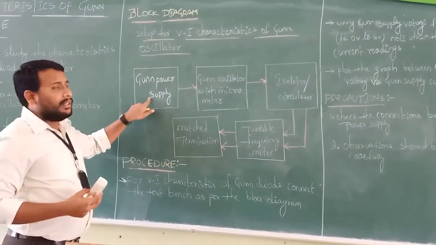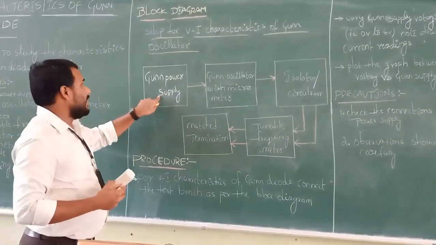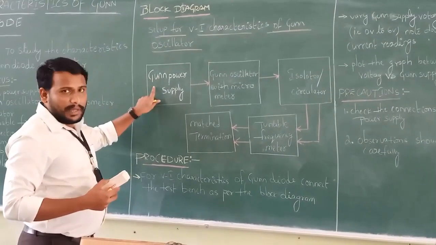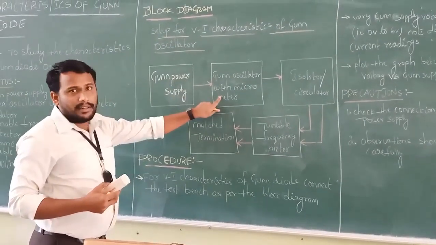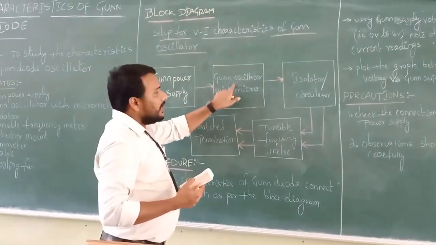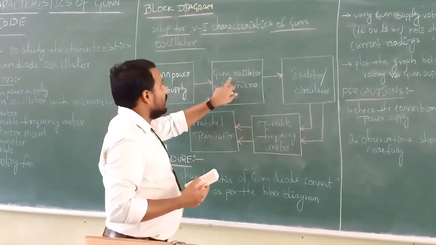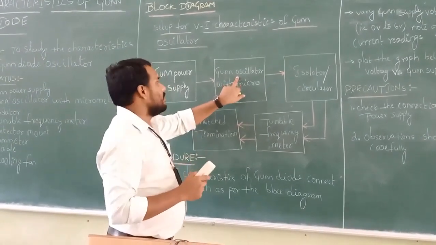Initially, we have to apply a bias voltage using the Gunn power supply to the oscillator. I mean, here the Gunn diode is acting like an oscillator.